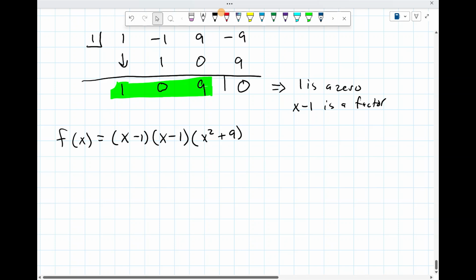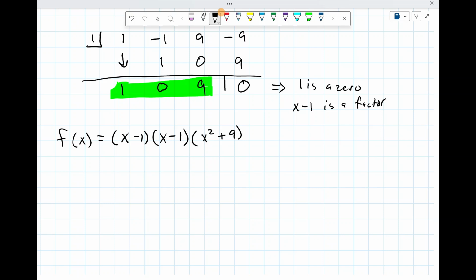Once we get to a point where there is just a quadratic polynomial left, instead of doing synthetic division and testing numbers, we should use what we know about solving quadratic equations. And here is an example where we have a quadratic equation that is missing the x term.